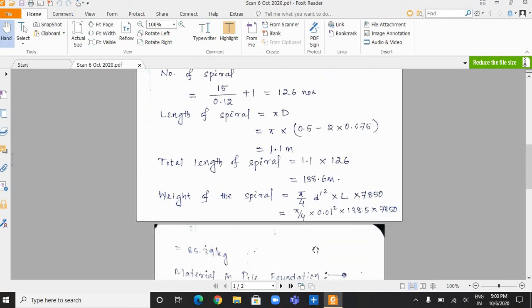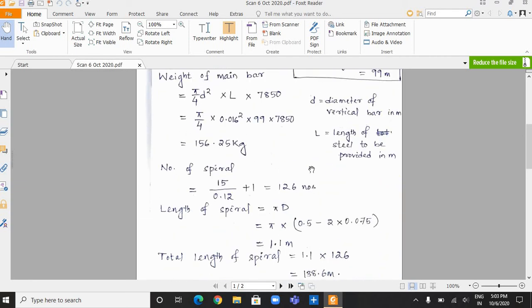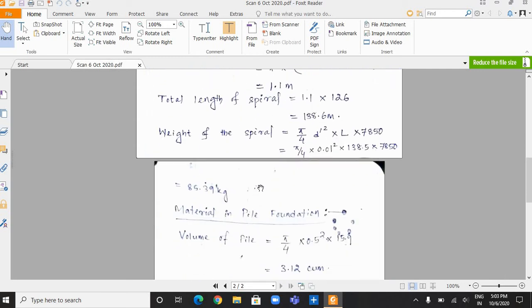Then we have to calculate the weight of the spiral. The weight of the spiral is equal to pi by 4 d dash square, so that you won't get confused between the diameter of the main bar and the diameter of the spiral, multiplied with the length of the spiral, which we have already calculated as 138.6 meter.